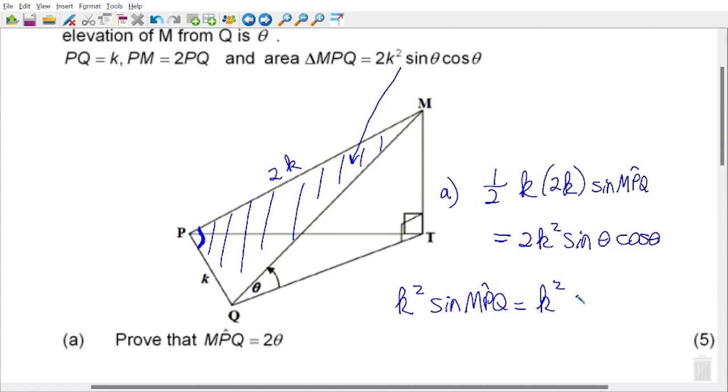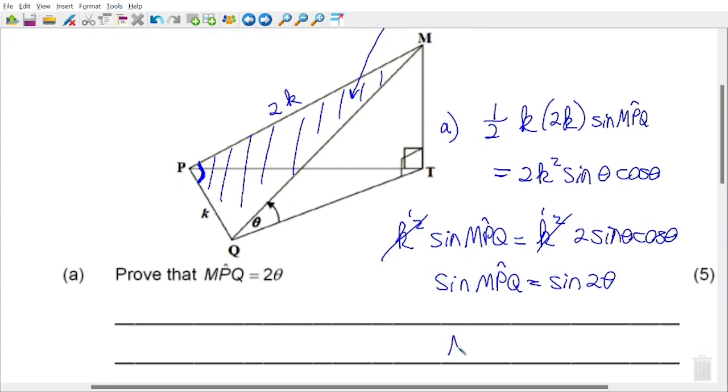And here I've got 2 sine theta cos theta. Now, if you've learned your identities, then you will know that 2 sine theta cos theta is just sine 2 theta. So I know that sine of MPQ is equal to the sine of 2 theta. And if I undo sine on both sides, I get that MPQ is 2 theta.